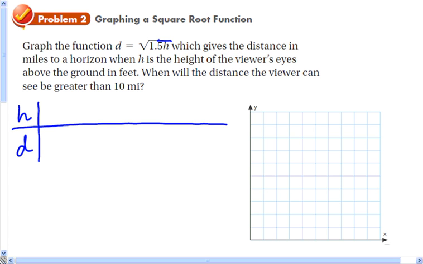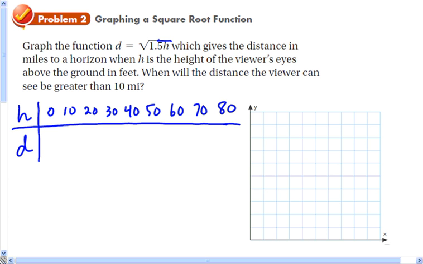So to get 100, h will have to be some number between 50 and 100. So I'm going to use inputs 0, 10, 20, 30, 40, 50, 60, 70, 80, and so on. I think that should get us to a high enough number where we can see that.